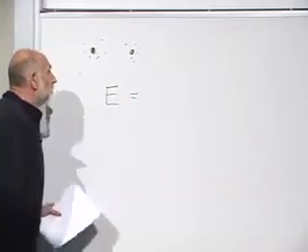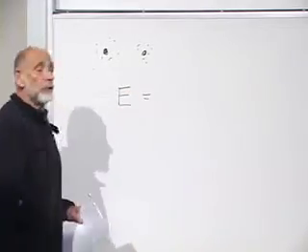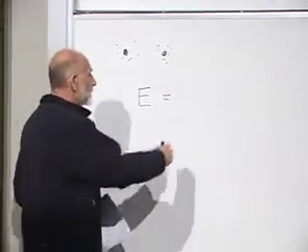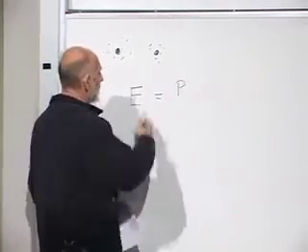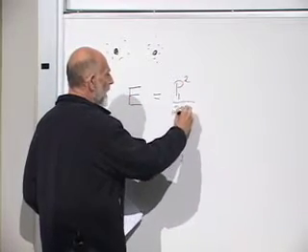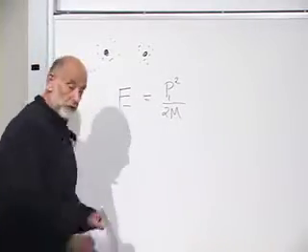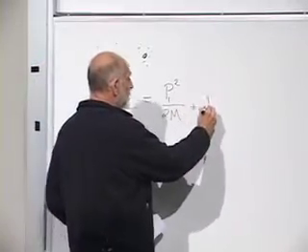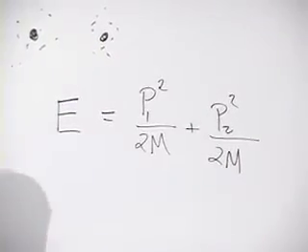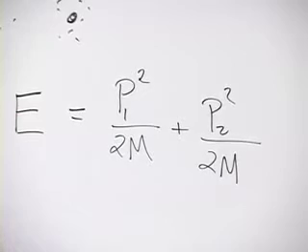And that means the energy, first of all, consists of the kinetic energy of the nuclei. Let's take the two nuclei to be the same. It could be, for example, hydrogen. All right, so the momentum of the first nucleus, let's call P1. P1 squared divided by twice the mass of the nucleus. That's the kinetic energy of the first nucleus, just the nucleus, not the atom. Then plus P2 squared, that's the kinetic energy of the second nucleus. And then, of course, there is the Coulomb force between the nuclei.